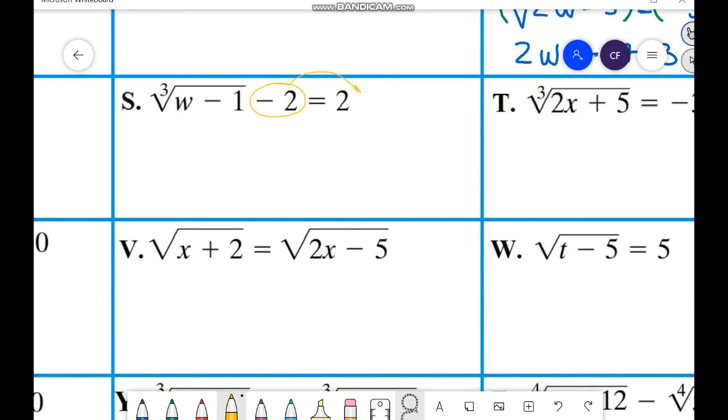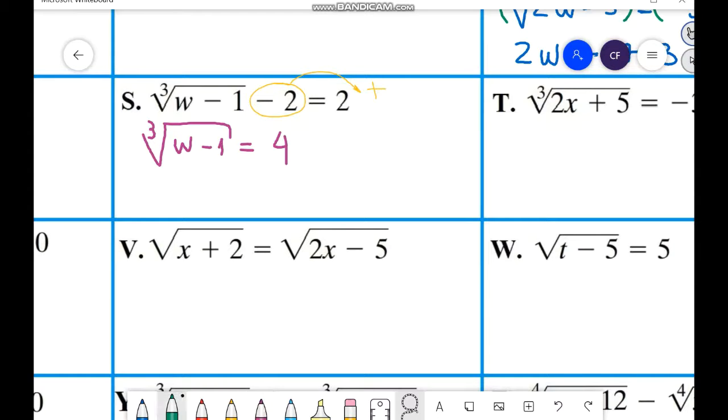So move this negative 2 to the other side to isolate the radical. And then we will have the cube root of w minus 1, and when we move this to the other side, it becomes positive. This is a positive, and 2 plus 2 is 4.